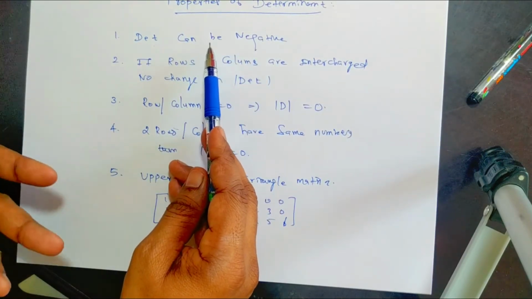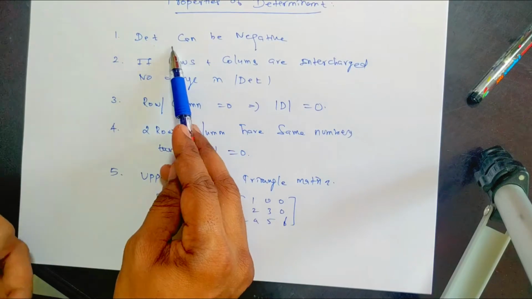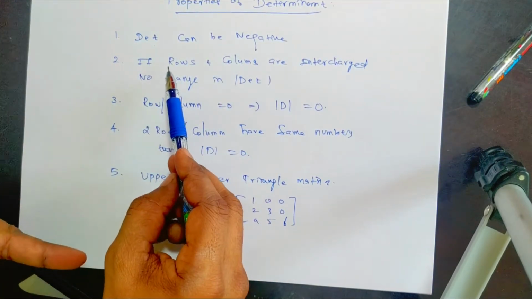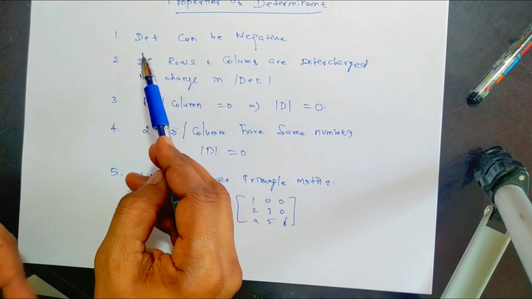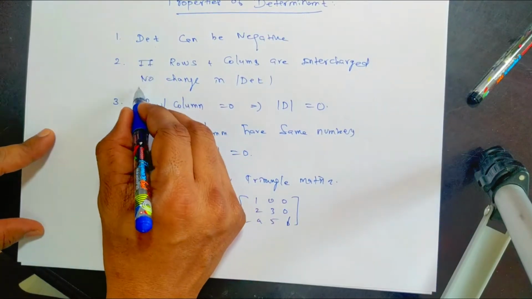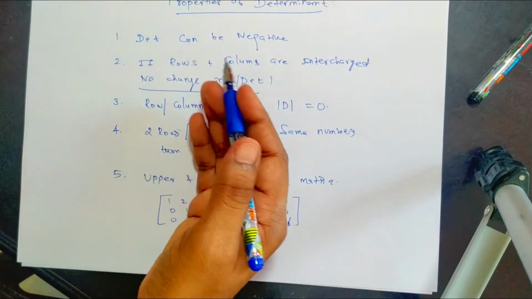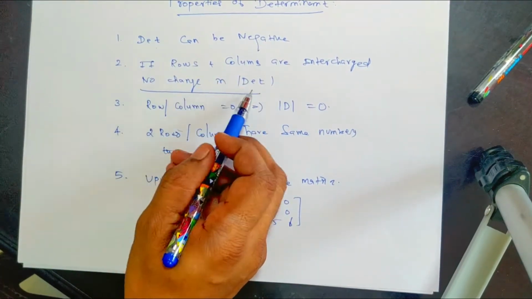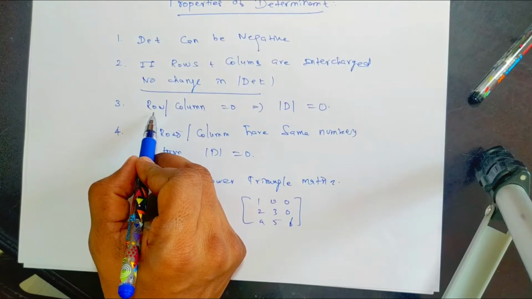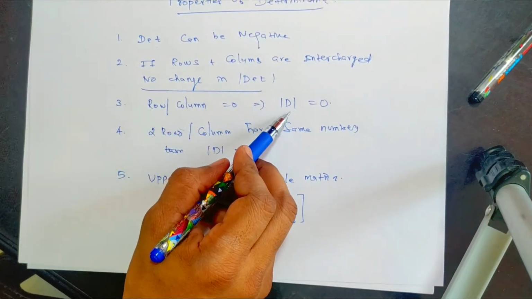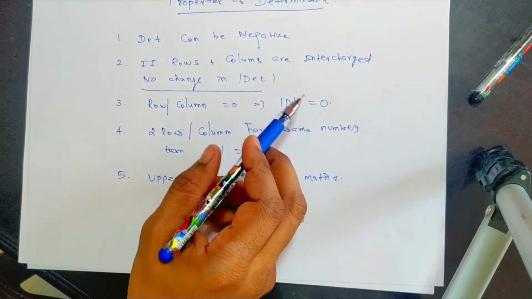So we cannot say determinant value will be only positive, it may be a negative value also. And second property, if rows and columns are interchanged, then there will be no change in the determinant. And if one row or one column is equal to 0, then automatically determinant value will be 0.